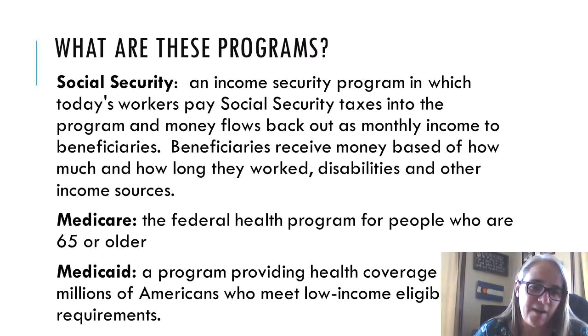It goes into the program, and that money flows back out as income to beneficiaries. Now, the beneficiaries are people who receive money based off how much and how long they've worked. You can't qualify for it until a certain age, but there are certain situations in which people are disabled or things like that, and they use those as income sources.